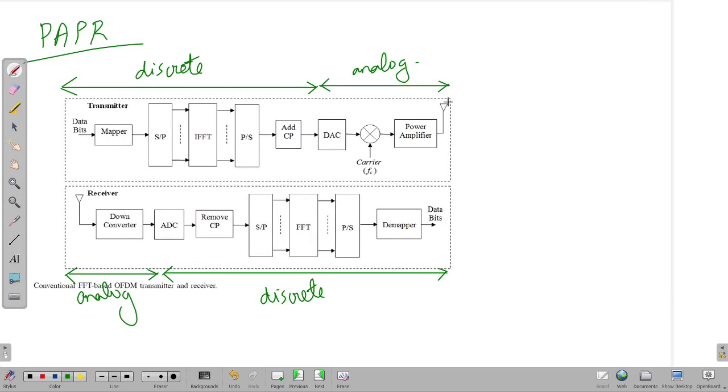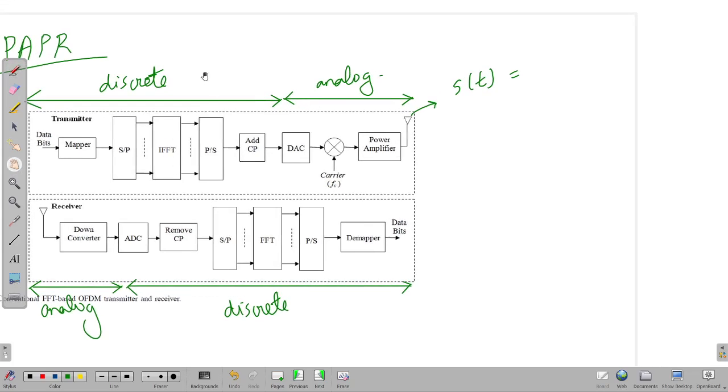So the OFDM signal that comes out here, which is S of t, can be written as S of t is equal to summation k is equal to 0 to n minus 1, addition of n subcarriers, xk, which are modulated symbols, multiplied by e raised to j 2 pi.